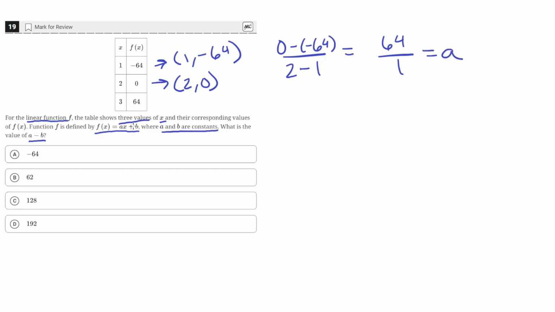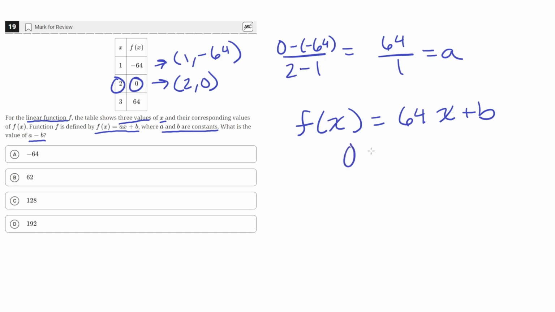Then to find the value of b, we can just plug in this value of a, and then plug in values of a point from this table. So our function f of x equals a, which is 64, times x plus b. But we know that for an x value of, say, 2, the f of x value is 0.